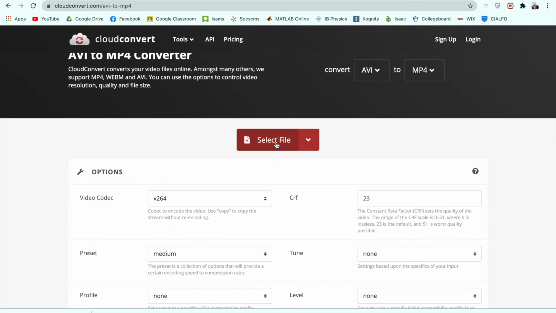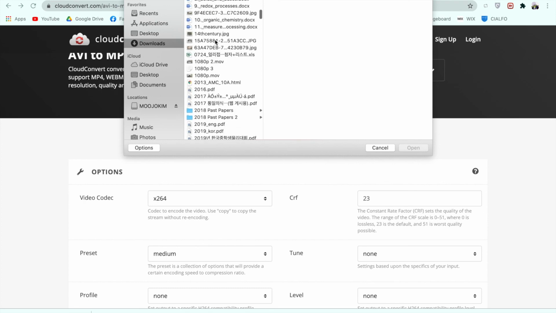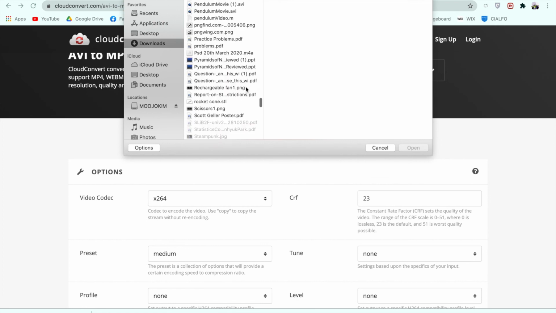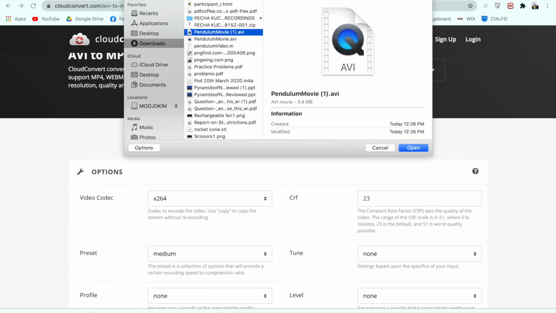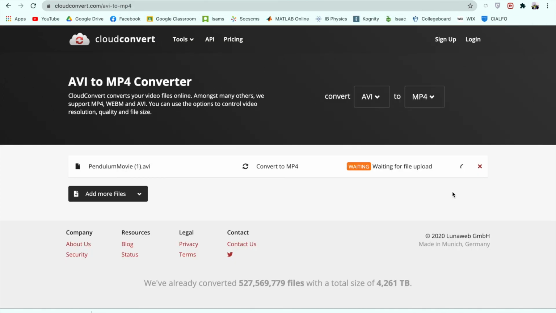And so when I select file, and I choose this over here, pendulum movie bracket 1, that's the same file as I just downloaded. And so when I open that and press convert, it's going to give me a video file that I could open to see what happens.